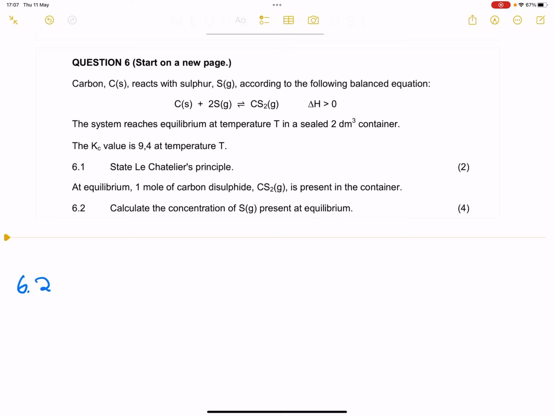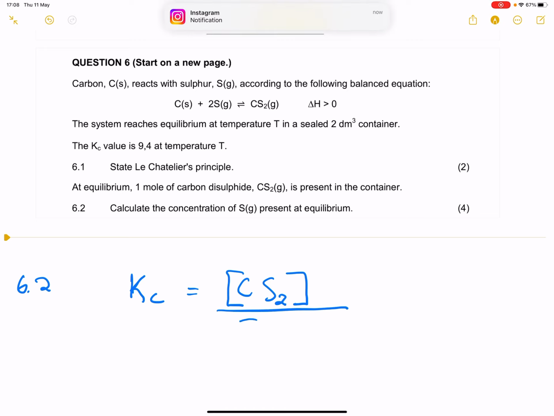So what we're going to do is say, well, what is our Kc equilibrium constant expression? So Kc is the molar concentration of carbon disulfide, that's a gas, that's the product, divided by the molar concentration of our reactants.